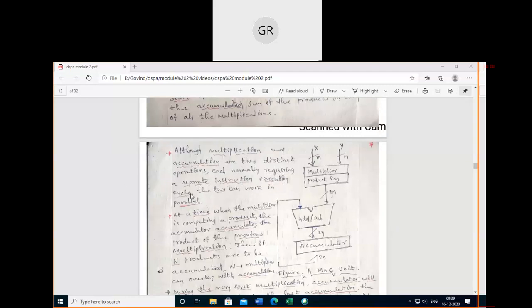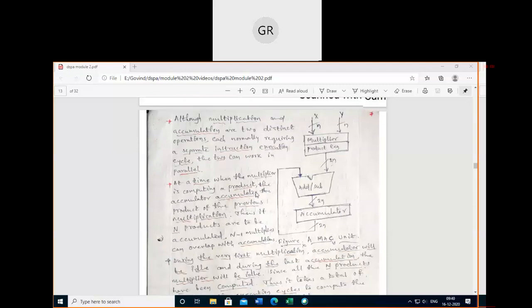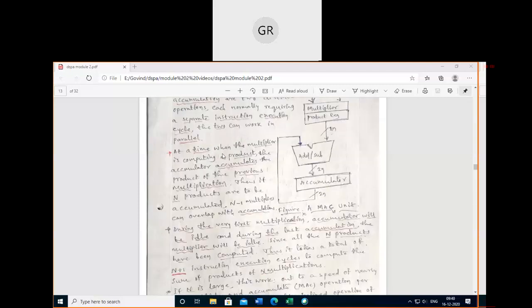That means the multiplication and accumulation are both parallel operations. At a time when the multiplier is computing a product, the accumulator accumulates the product of the previous multiplication.